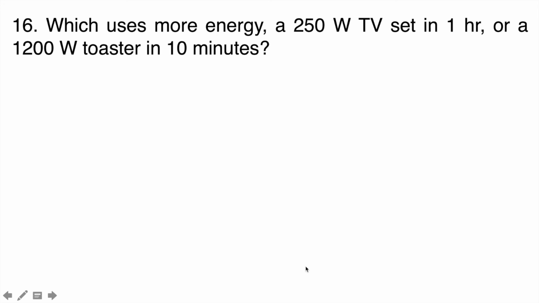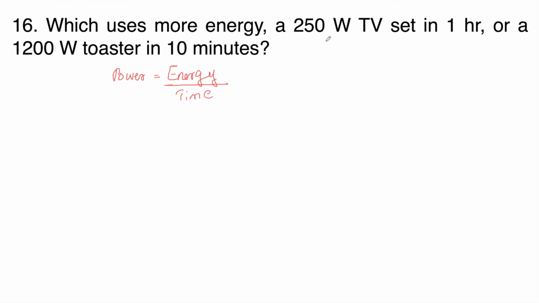Question number 16. Which uses more energy, a 250 watt TV set in 1 hour or a 1200 watt toaster in 10 minutes? Okay, so here we can use the formula which is connecting energy and power. The basic formula for calculating power is power is equal to energy by time.